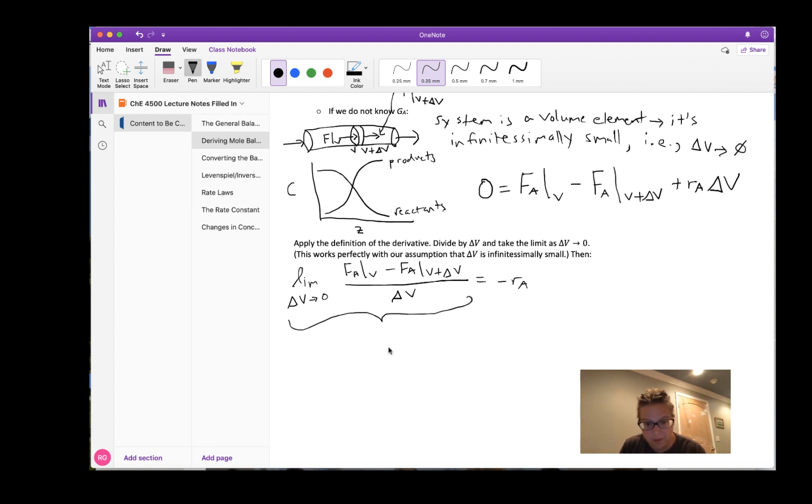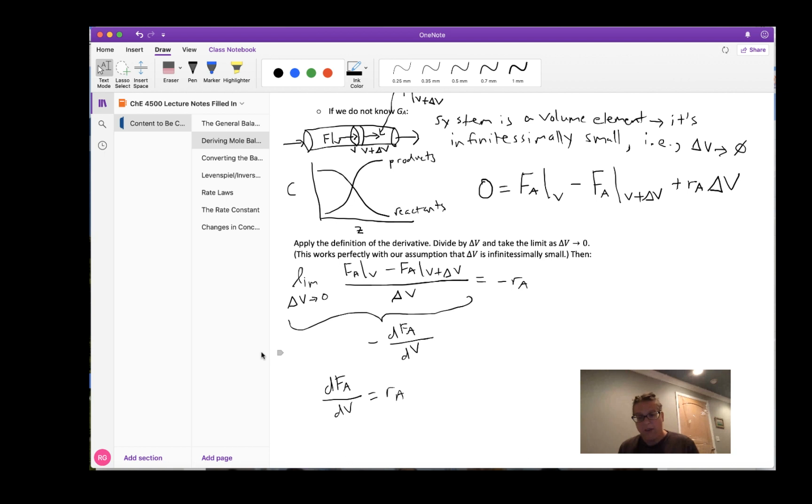So that would mean that this term is equal to minus dFA/dV. So my balance then becomes minus dFA/dV equals RA.